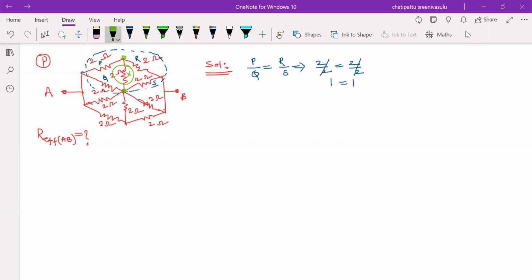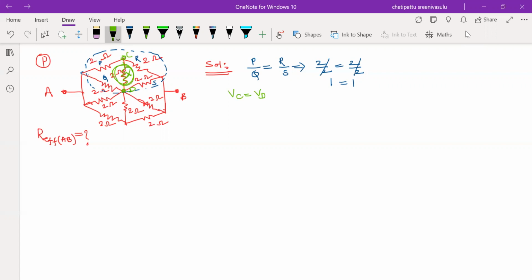If you take these 2 points as C and D, VC equals VD. In this case, through this 2 ohm resistor, current will not flow. That's why we can neglect this resistance.